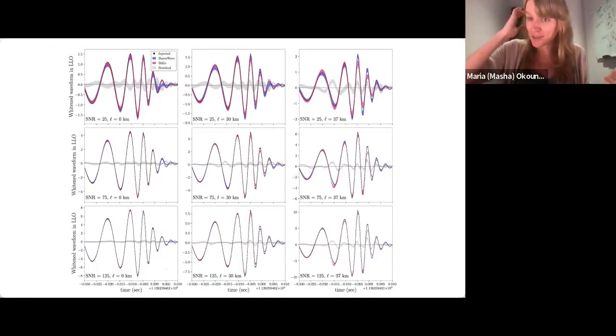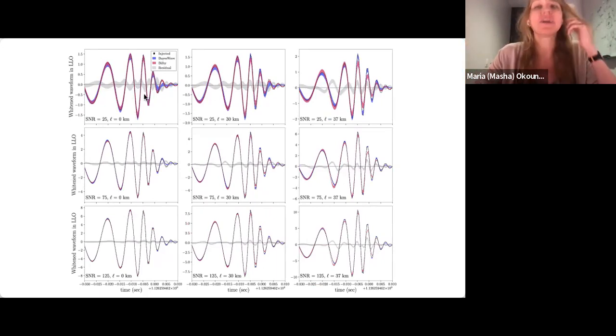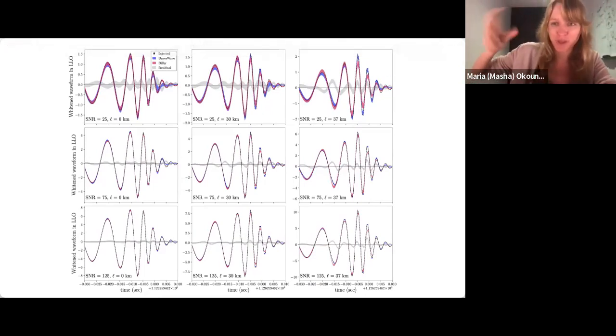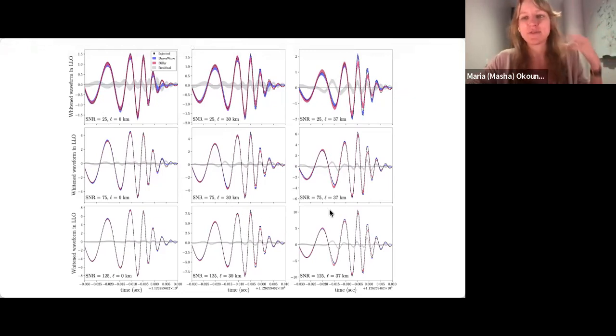But here are our results. So here, going down the rows are different signal to noise ratios for our injections. Going across the columns, here are different values for the beyond GR coupling parameter. So this column corresponds to L equals 0, which is general relativity. And here I'm introducing larger and larger values of the coupling parameter.